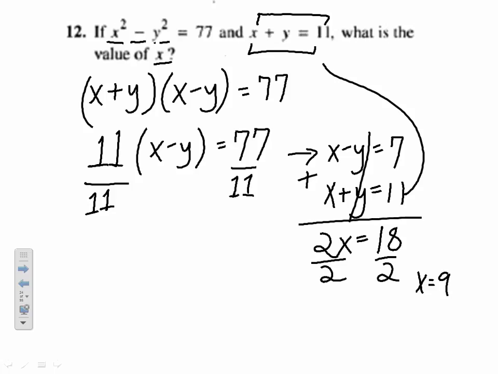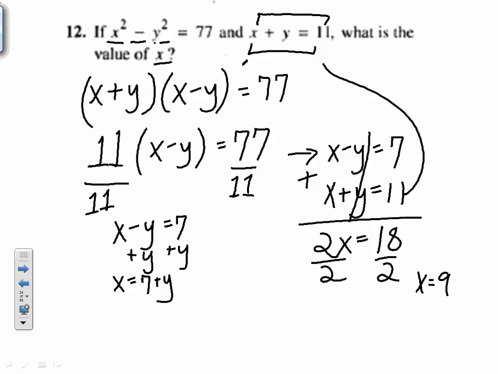Another way to do it is through plugging in. Once you get x minus y equals 7, then you could express x in terms of y. So you get x equals 7 plus y. And then you can plug that into the equation that you were given.